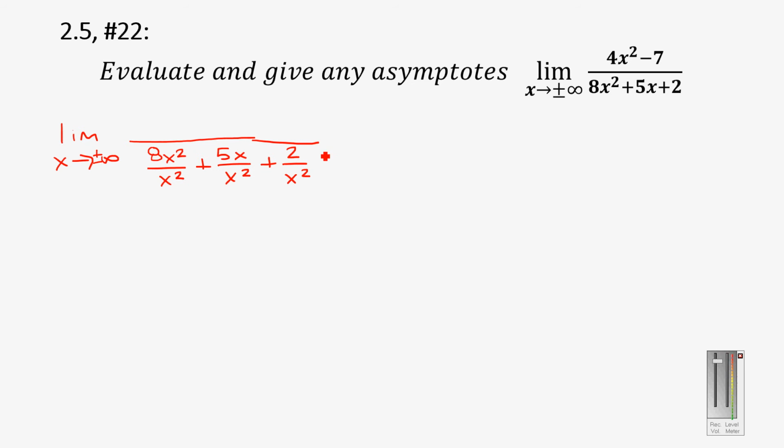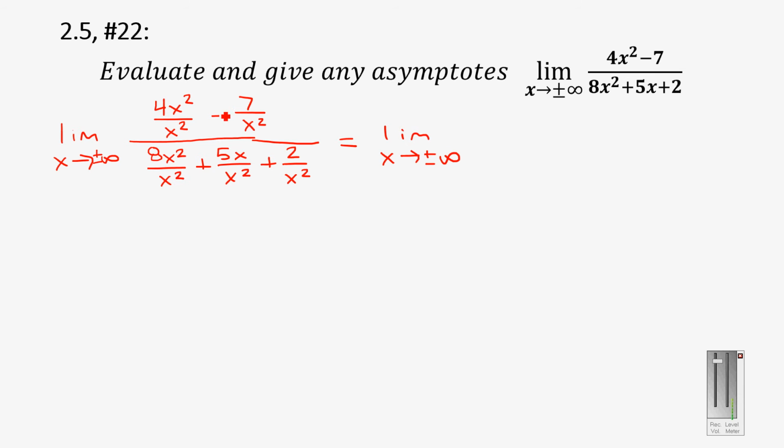If I do that on the bottom, I also have to do it on the top to keep the equation balanced: 4x squared over x squared minus 7 over x squared. This is equal to the limit as x goes to plus or minus infinity.